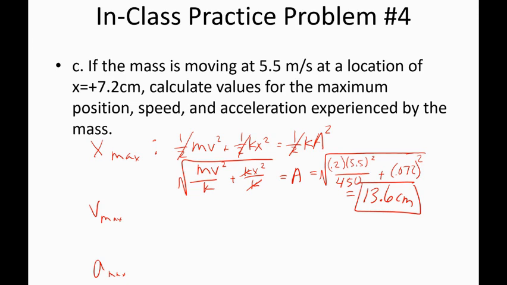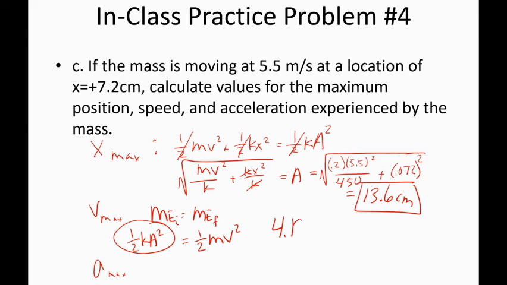Now my Vmax is where my mechanical energy initial equals my mechanical energy final. My Vmax, 1/2 mv squared is equal to 1/2 ka squared. Okay, so when I'm looking at that, I know that my maximum energy is going to be 4.19 joules equals 1/2.